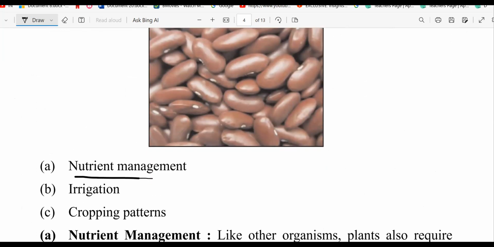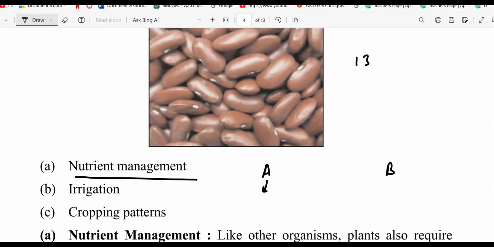For example, by nutrient management. If we have a crop, let's suppose it requires some nutrients.